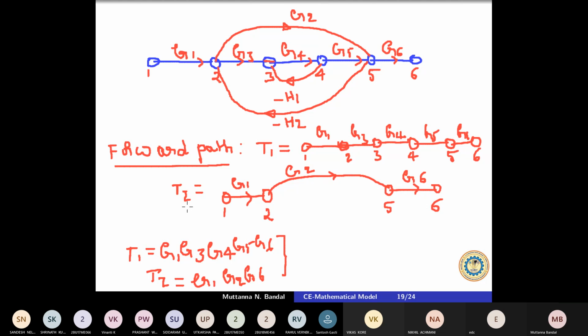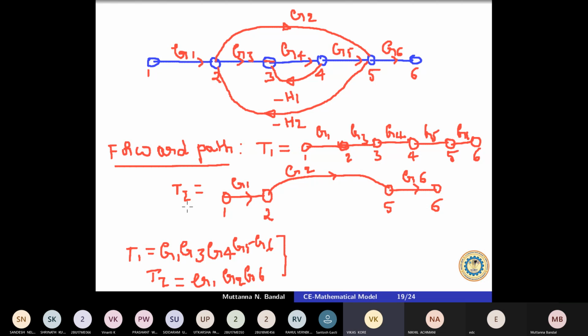First we have to identify how many loops are there. Already we have identified 2 forward paths. Now I have to identify how many loops are there, irrespective of the forward paths. Then we will see whether that loop is associated with which forward path or not.